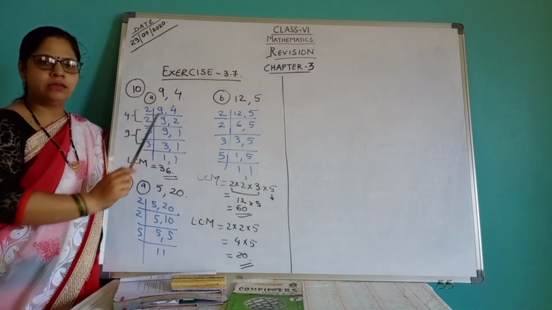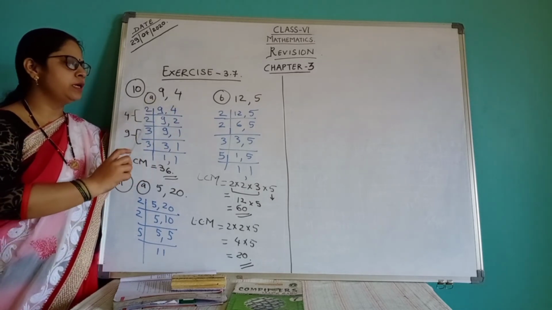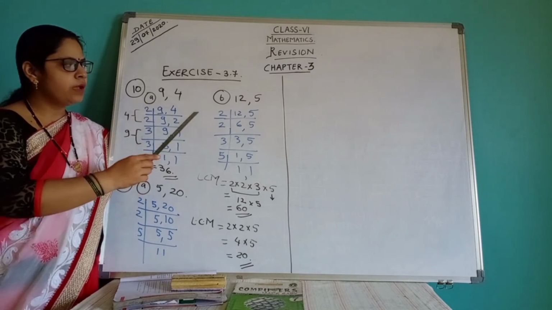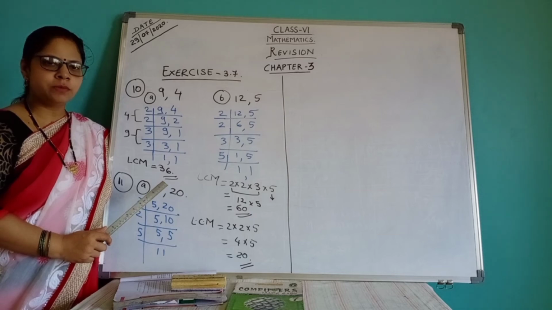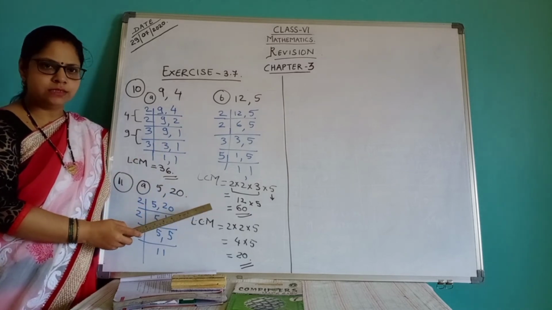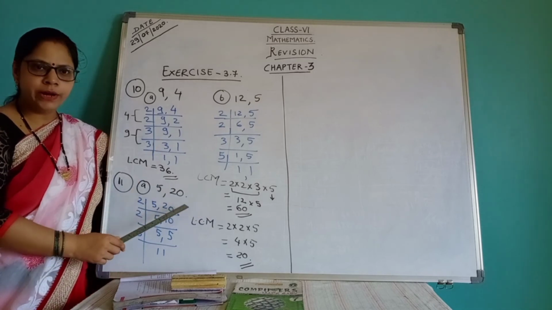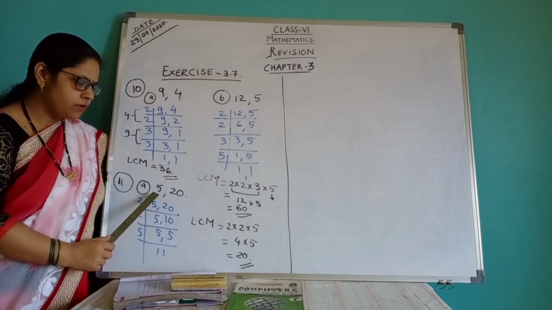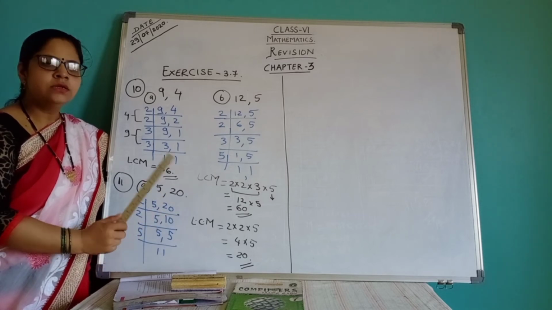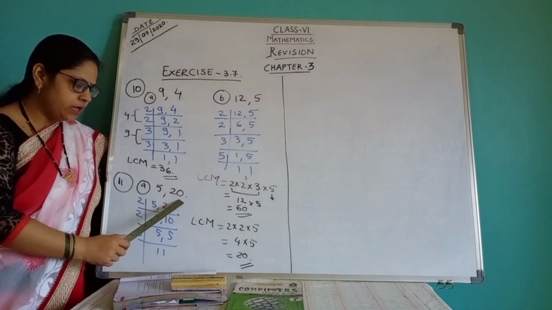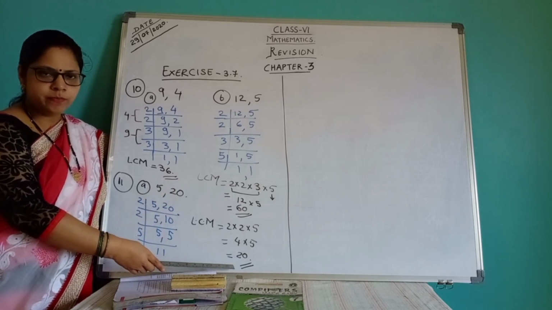Like 4 and 9, they do not come in the same number table, so 4 nines are 36, which is the answer of LCM. 12 and 5 do not come in the same number table, so 12 into 5, 60, is the answer of LCM. Here 5 and 20 come in the same number table. Table of 5: 5 ones are 5, 5 fours are 20. So 20 is greater, and 20 will be the answer of LCM.